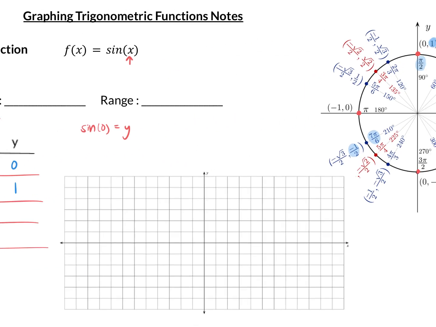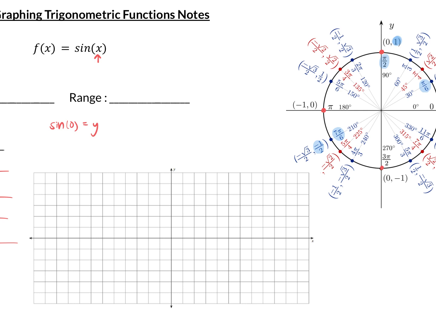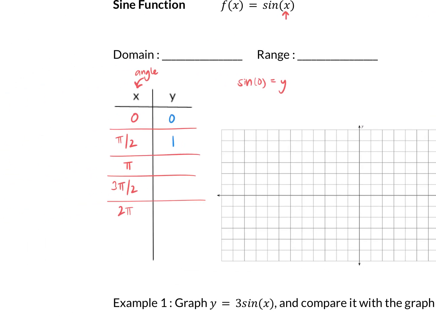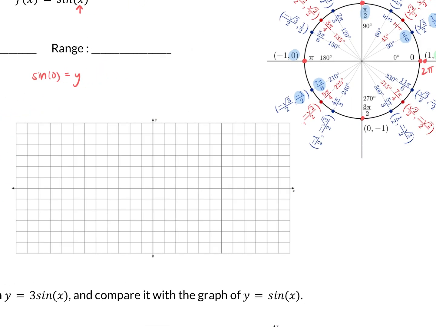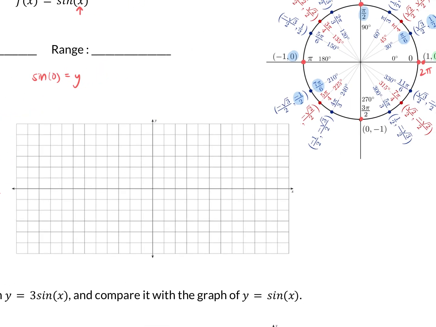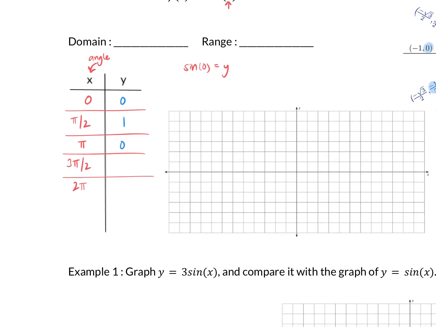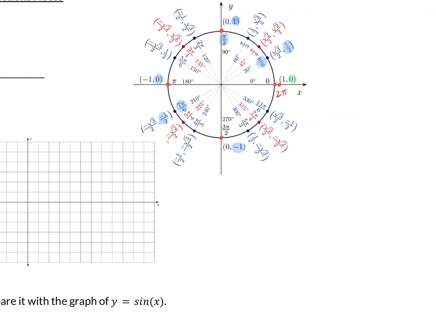Sine of pi, my y value at pi is 0. Sine of 3 pi over 2, my sine value, my y value, is -1. And then sine of 2 pi, my y value here is also 0.